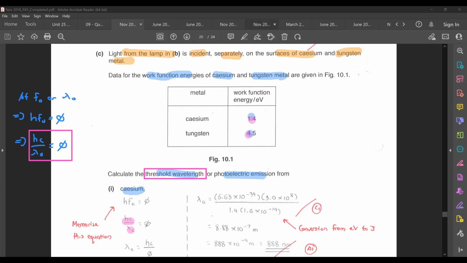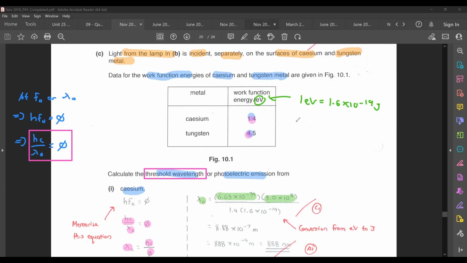You use hc over lambda naught equals to the work function. Lambda naught is hc over the work function. So you sub in your relevant values: the value for h, and the value for c. One thing to note is that you have your work function energy in eV. So 1 eV is 1.6 times 10 power minus 19 joules. You learned this in the electric field chapter before this.